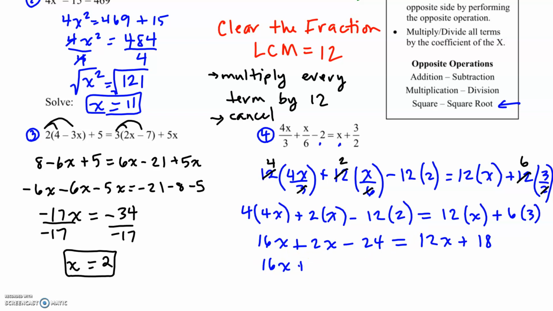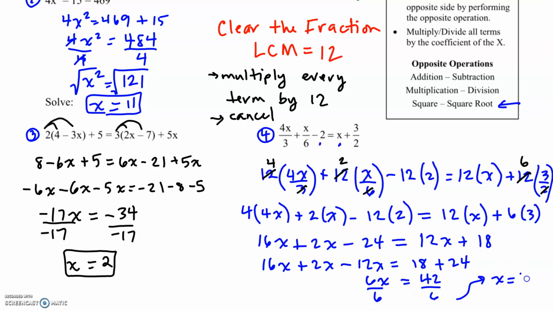So I have 16x plus 2x, and then the 12x will come over, minus 12x equals 18, and we'll move the 24 to the other side, becomes a positive 24. 16 plus 2 is 18, minus 12 would be 6x. 18 plus 24 is going to be 42. We'll divide both sides by 6, and we'll end up getting x equals 7.